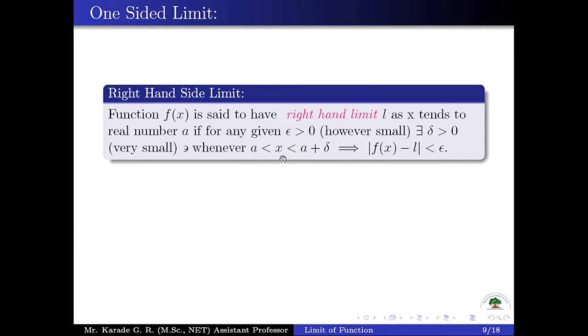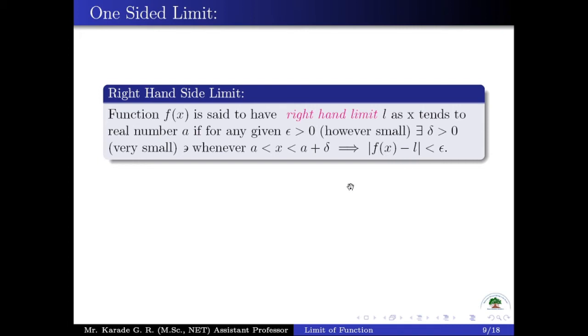So this means that x is very close to a, but x is on the right hand side of a. When values of x approach a from the right hand side, the distance between function f of x and number L is very small. This distance is less than epsilon, and epsilon is very small, so the values of f of x approach L.